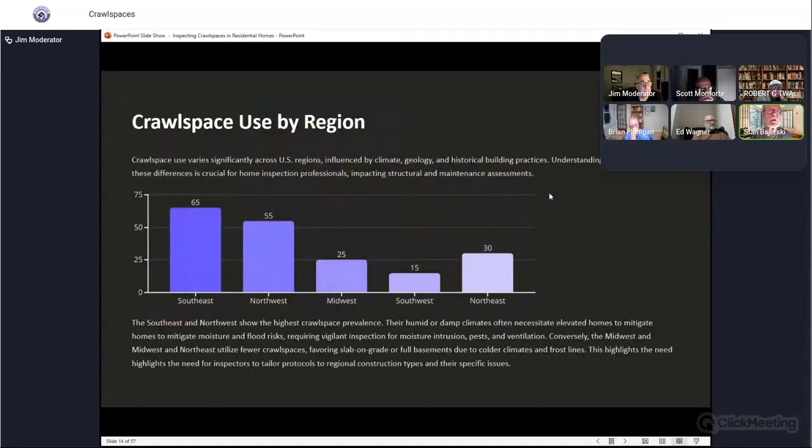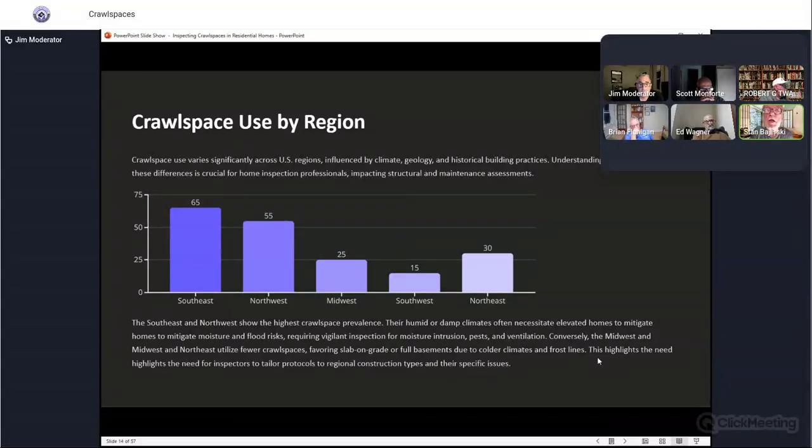Okay, Jim. So used by region. The Northeast, 30%, Southwest, 15%, Midwest, 25%, and then Northwest and Southeast, they go pretty high. So those inspectors out there are spending a lot of time in crawl spaces. The Southwest, Southeast, and the Northwest show the highest crawl space prevalence.